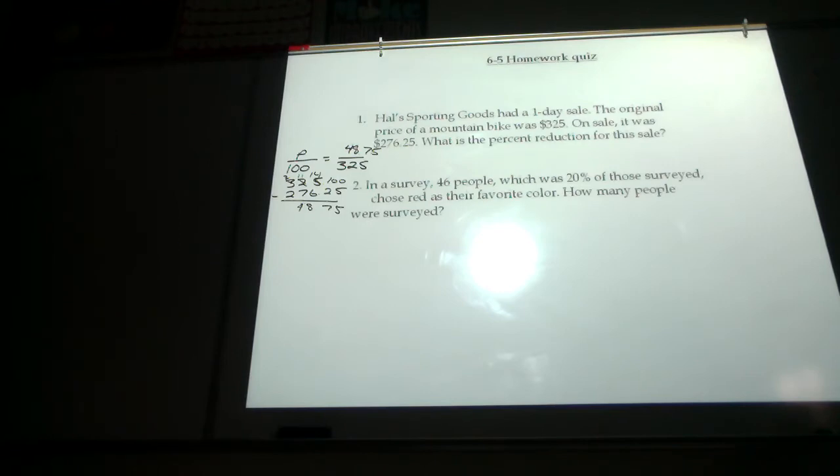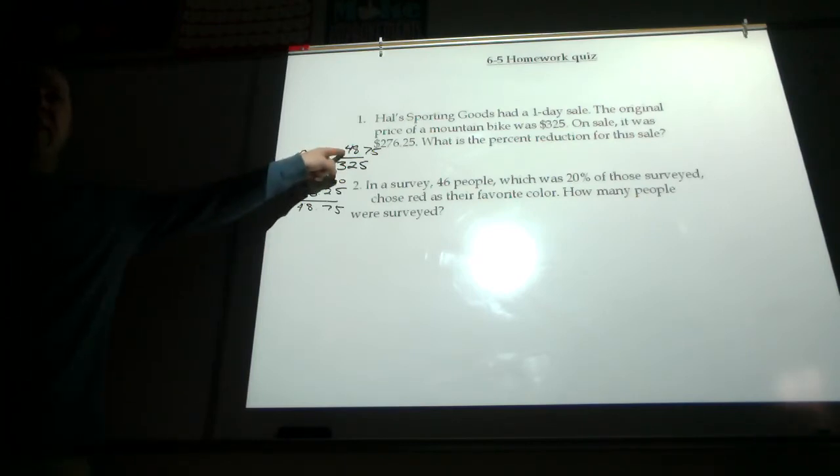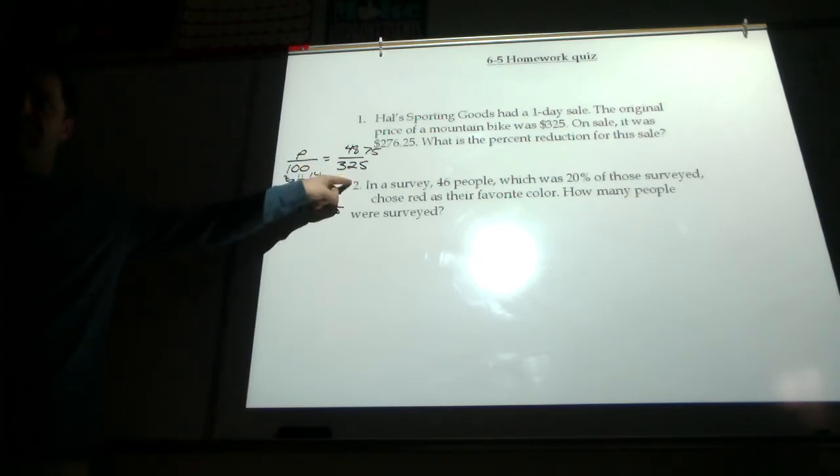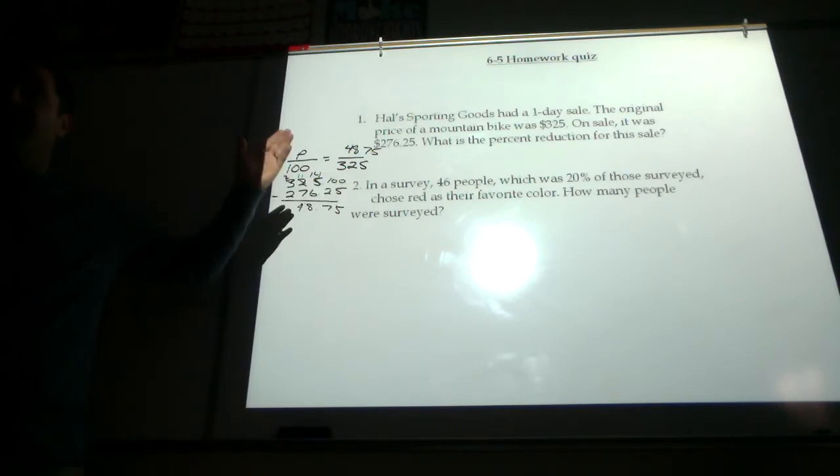Now, eyes right here. When you find your percent on any test that you do, don't you take the amount that you got right divided by the total number of points, right? And that gives us a percent.